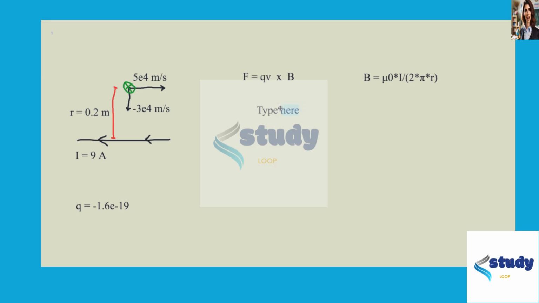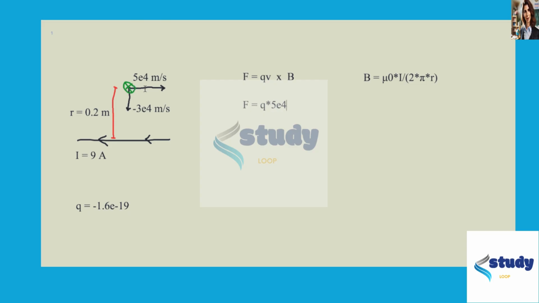So F equals q, and we need to take the cross product of this velocity, 5 times 10 to the 4th, with the magnetic field.